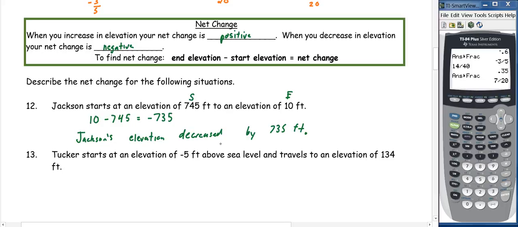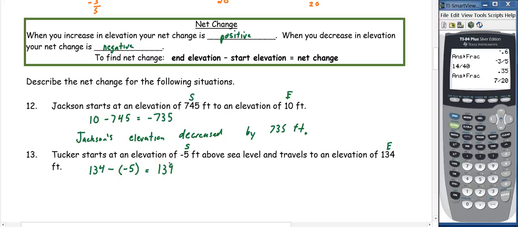Tucker starts at an elevation of -5 feet above sea level and travels to an elevation of 134 feet. So this was our start and this was our end. So when I do my elevation this time, I do 134 minus -5, which is 139 feet.